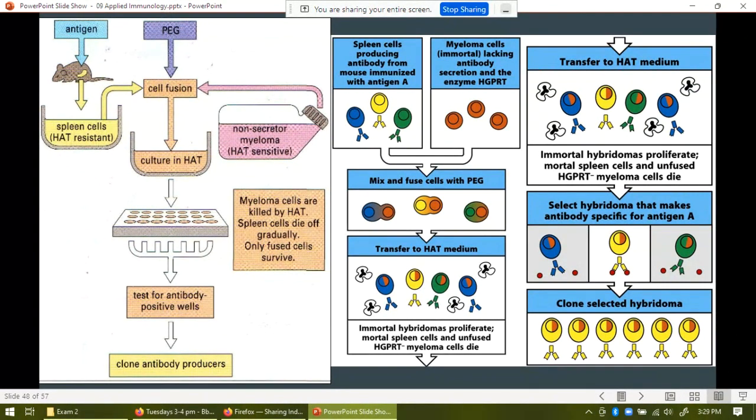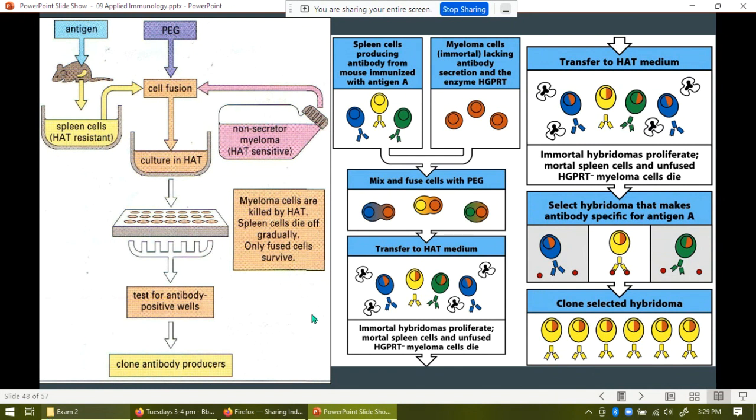So you're going to have a bunch of clones of this hybridoma cell secreting an antibody of a single specificity and a single isotype, and then you're going to use that antibody that you get from the supernatant as a treatment for some disease or as a diagnostic tool, like for use in an ELISA or an EIA.